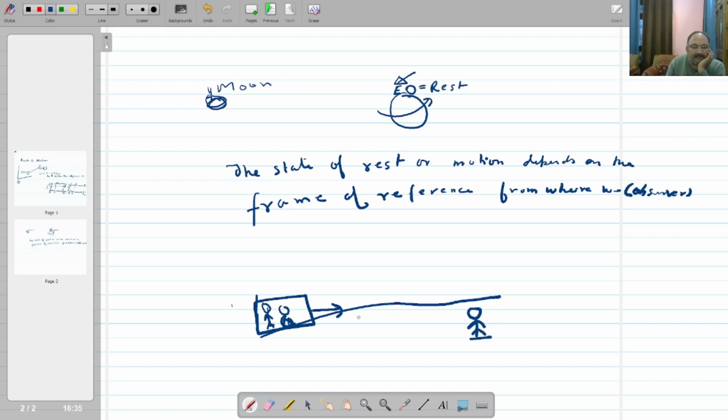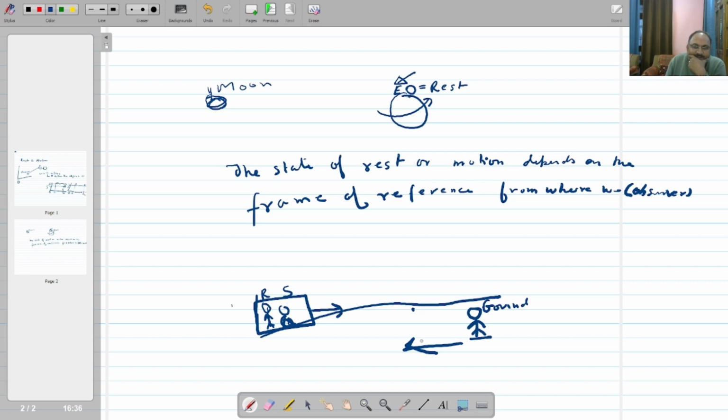But the thing is that for Ram, Shyam is stationary. For Govind, both Ram and Shyam are moving. If we consider Ram and Shyam, they will say that they are stationary, but Govind is moving in the opposite direction.